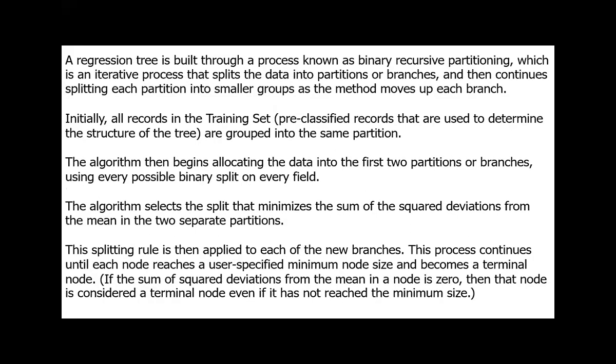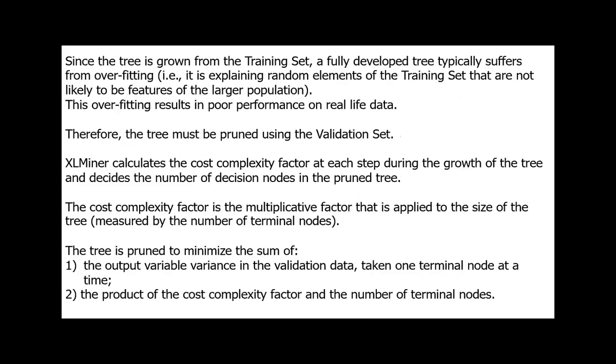Now, how to construct a regression tree. Initially, all records in the training set are grouped into the same partition. The algorithm then begins allocating the data into the first two partitions or branches using every possible binary split on every field. So this is how we can construct a regression tree.